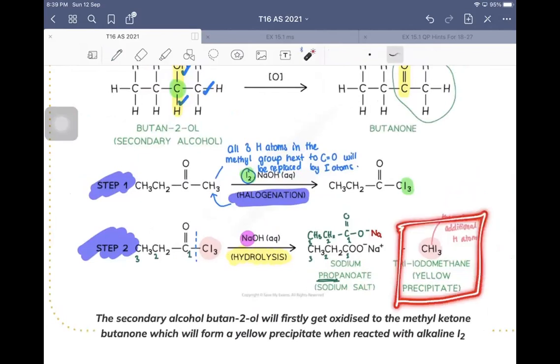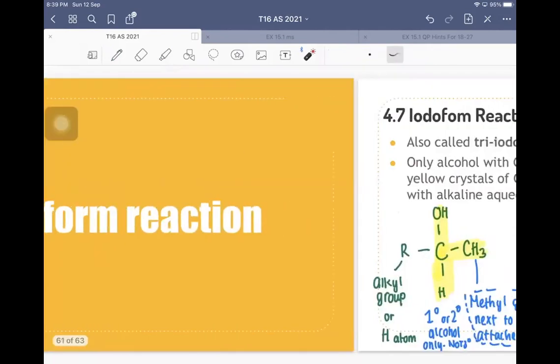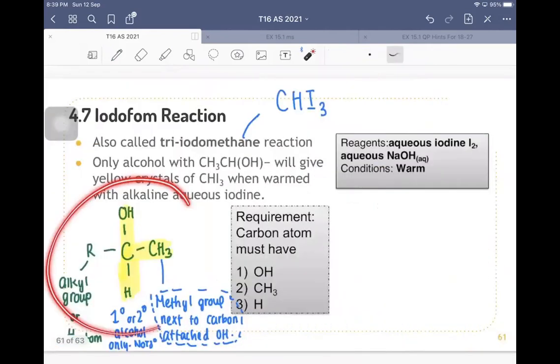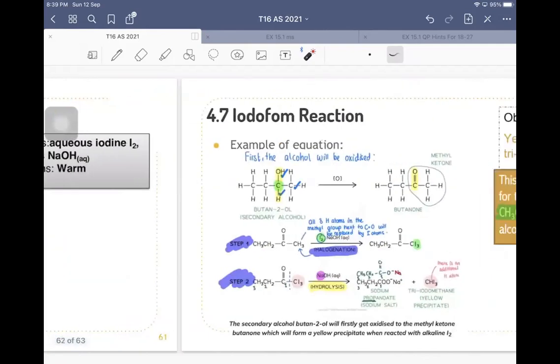So when you add alkaline aqueous iodine to an unknown molecule and you see yellow precipitate, that means that unknown molecule must have this structure. Okay, that's the only possible conclusion or implication that we can get from this reaction.